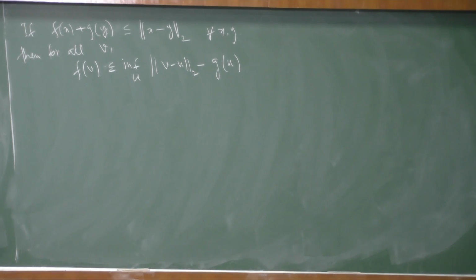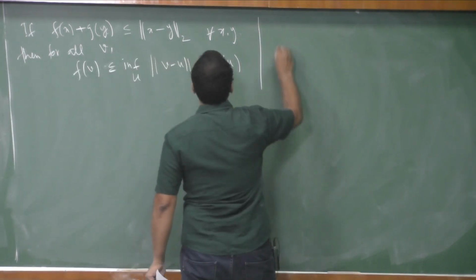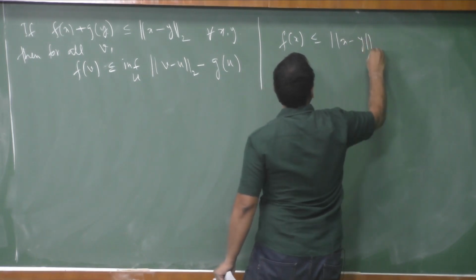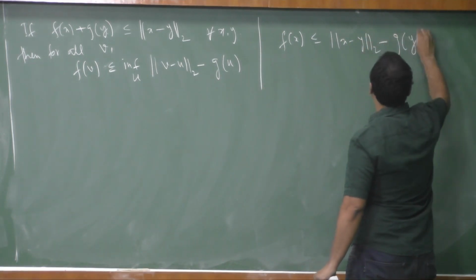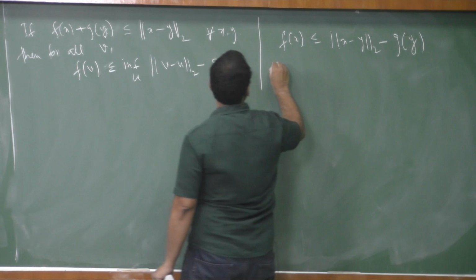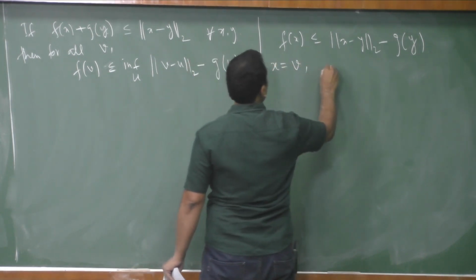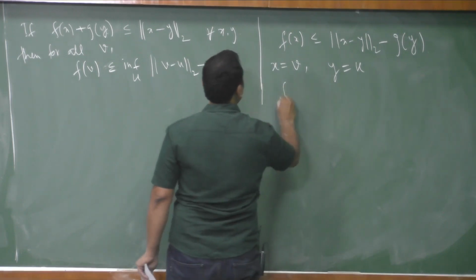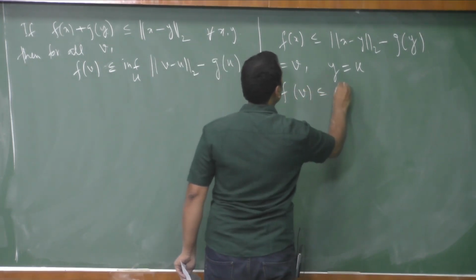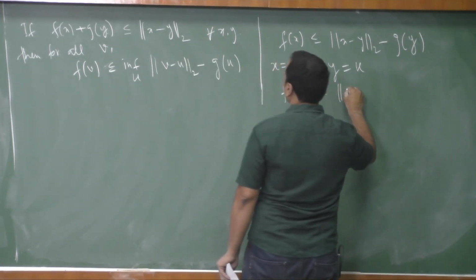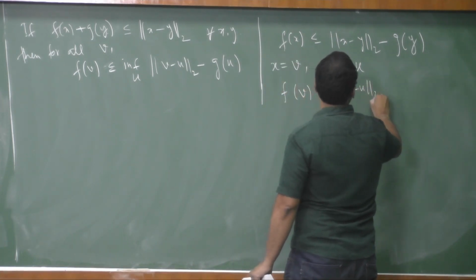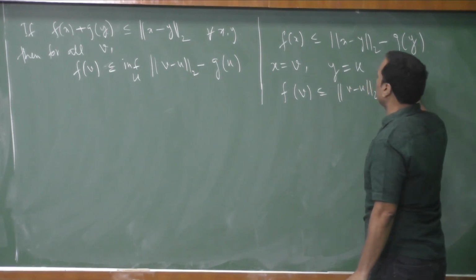okay, so I can do this very quickly. Okay, so fx is less than or equal to the norm of x minus y minus gy, and this is true, so set x to be v and y to be u. Then we have fv is less than or equal to the norm of v minus u minus g of u.